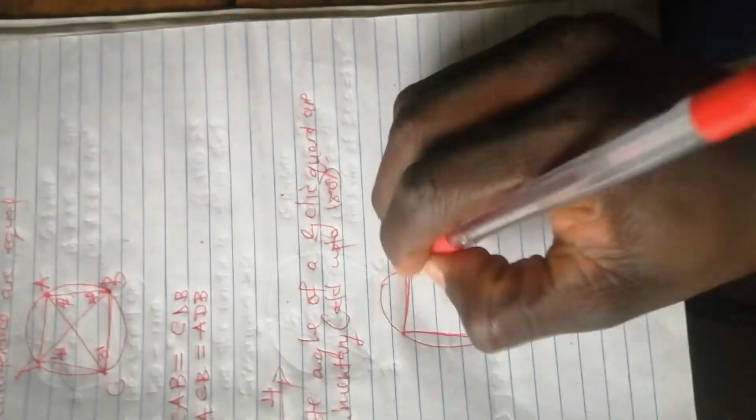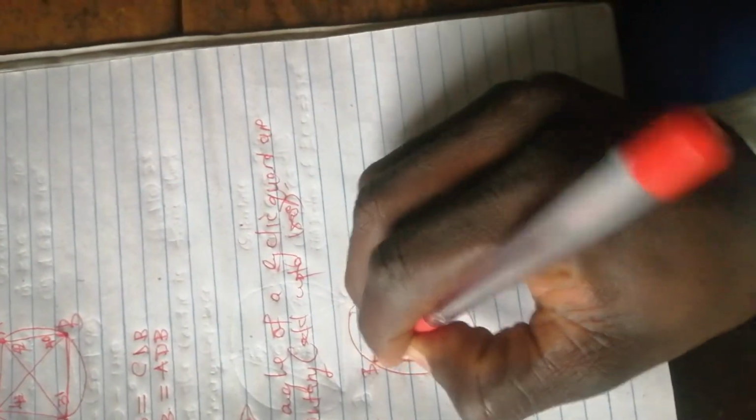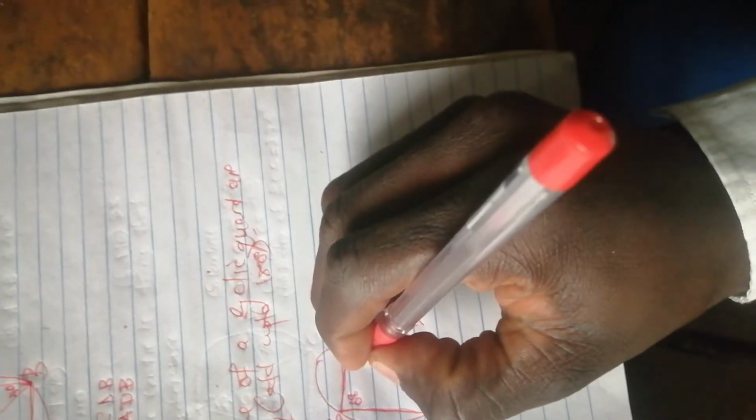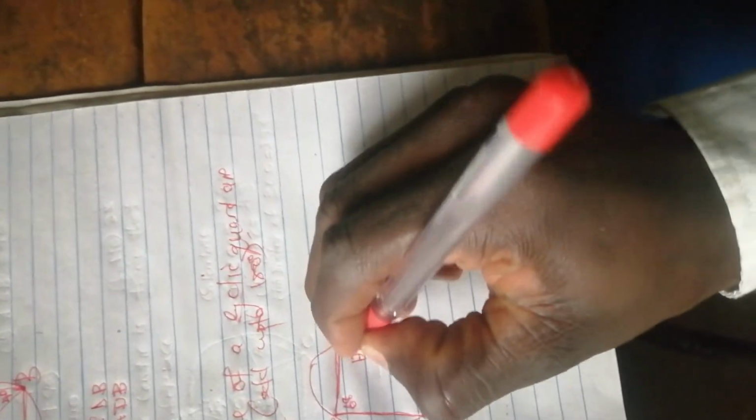That is a cyclic quad. We have A, we have B, we have C, we have D. Which means if we have 68 degrees here, for example, and here we have 120 degrees, like this.